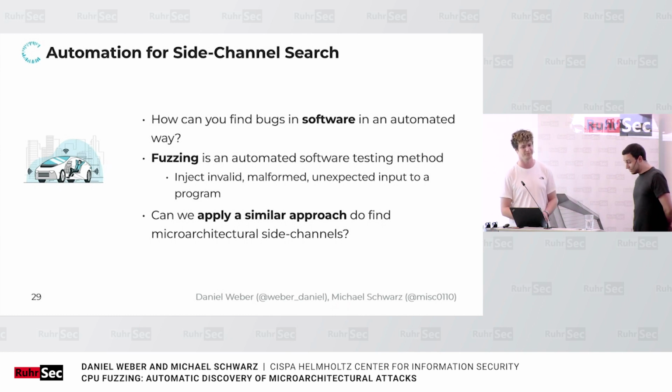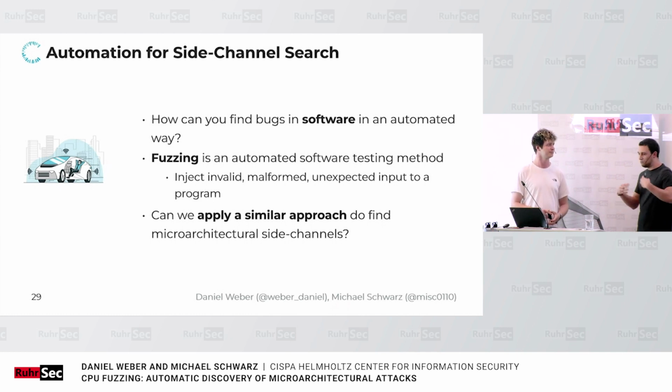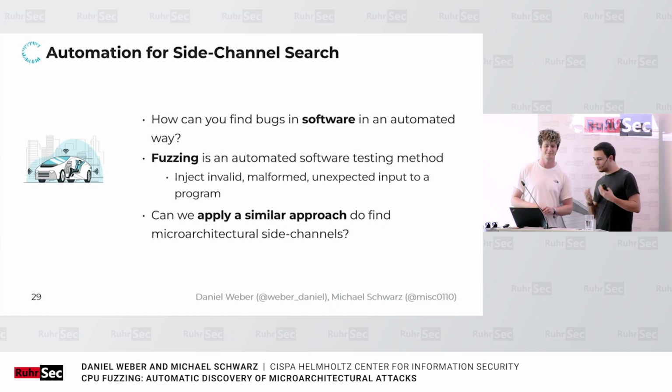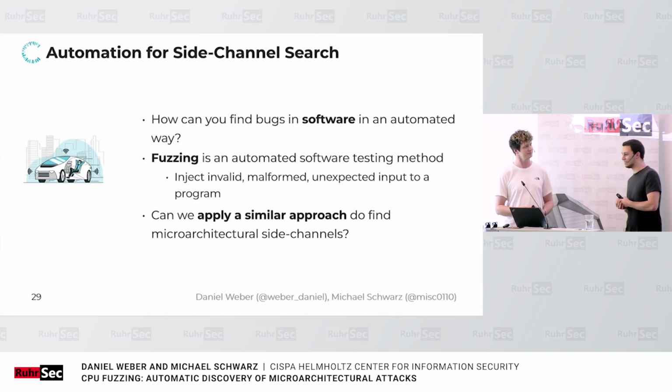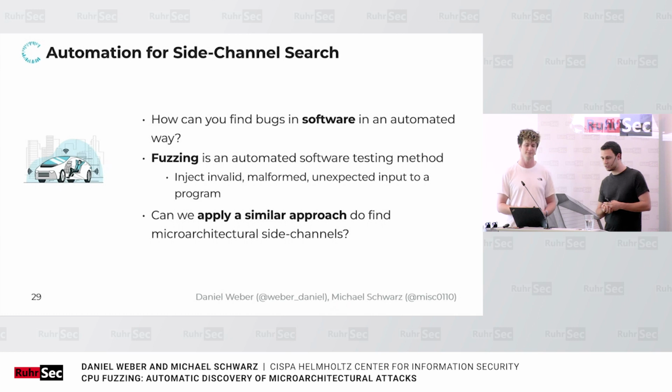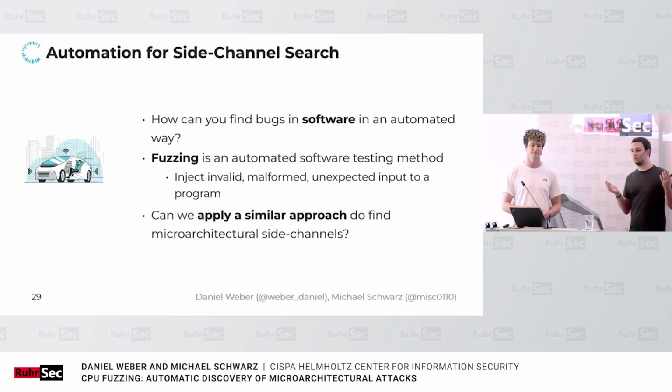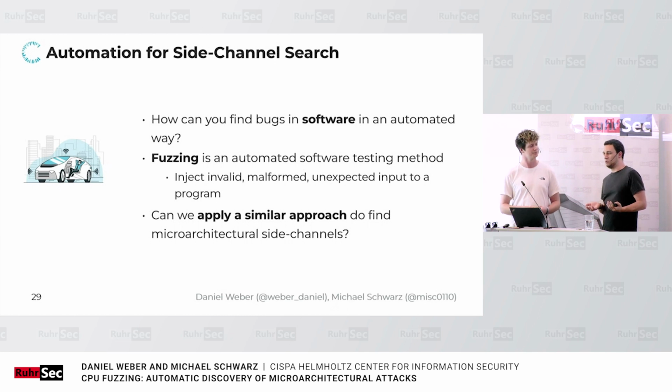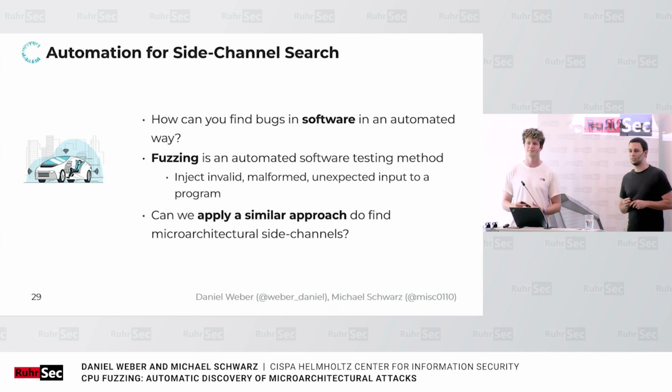So I like the idea, yeah. I mean, I always like to let the computer do the things so that I don't have to. But it works well for software. Yes, that's true. But for software, we also have a lot of feedback. So for software, yes, it crashes. A CPU crashing, that's not something that we see regularly. Software might do different things depending on the input. It's also hard to see.